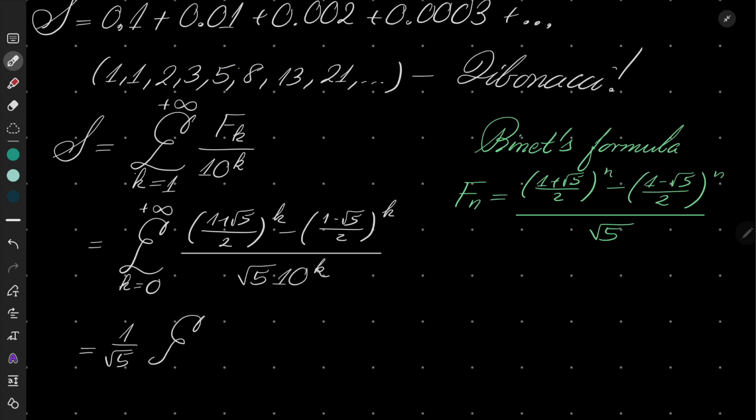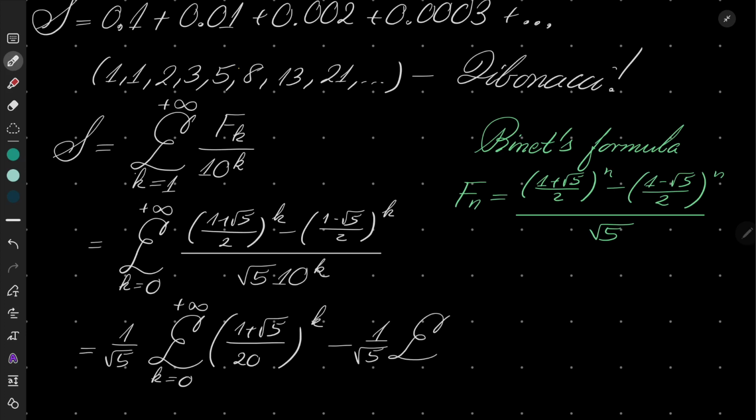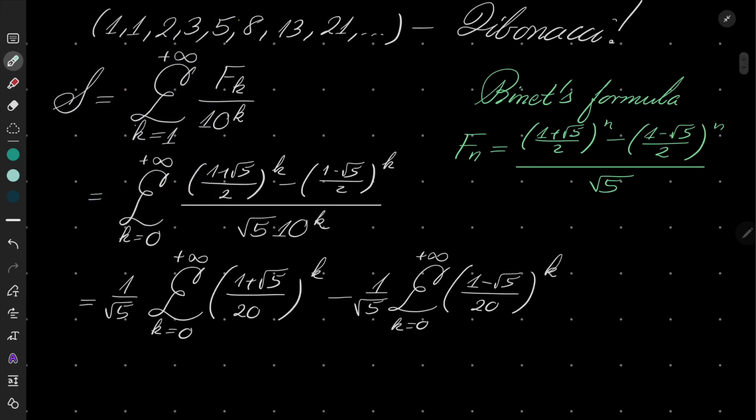So we will have the sum where k goes from 0 to infinity of ((1 plus square root of 5) over (2 times 10, which is 20)) to the power of k, minus 1 over square root of 5 times the series from 0 to infinity of ((1 minus square root of 5) over 20) to the power of k. Okay, nice. And now let's notice that this number is strictly between 0 and 1, and this number is strictly between -1 and 0.